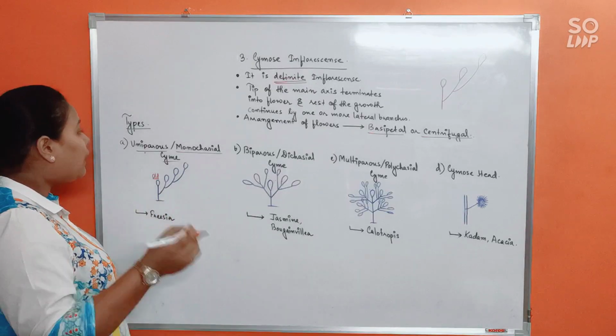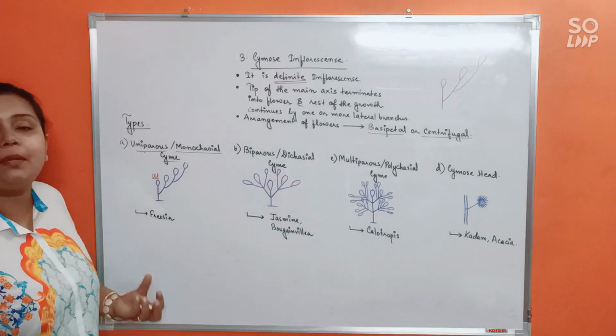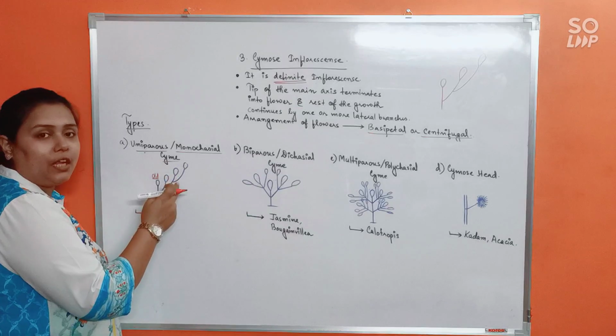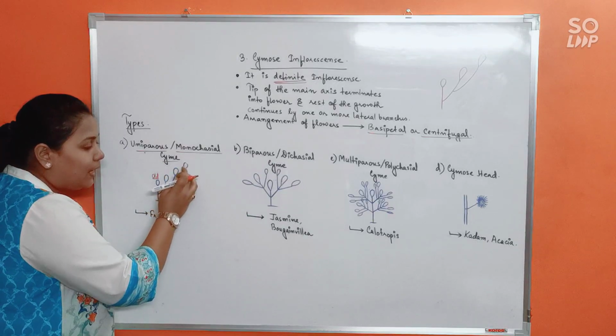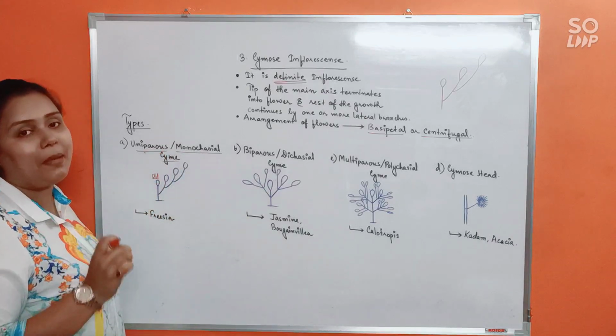Understood? So why do we call it uni or monochasial? Because when the bud culminates into a flower, a single lateral branch arises every time. Only a single lateral branch is arising. That's why it is monochasial or uniparous cyme.